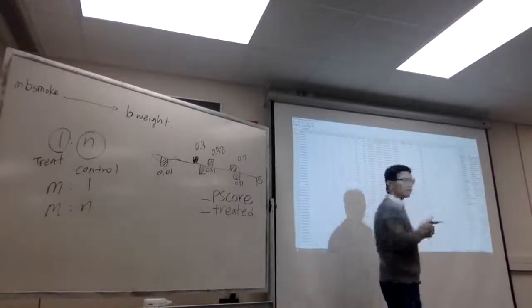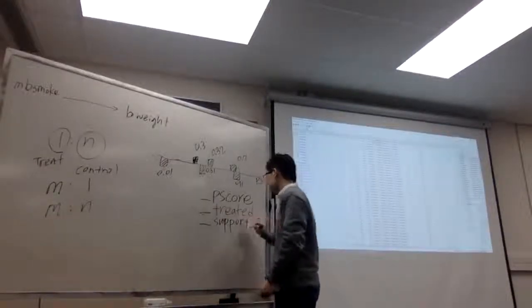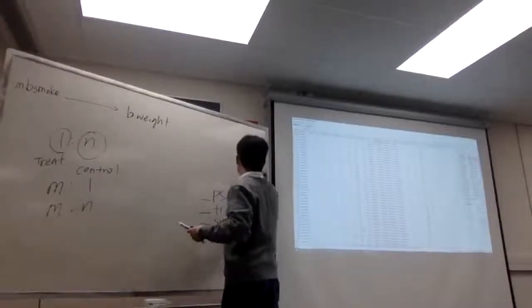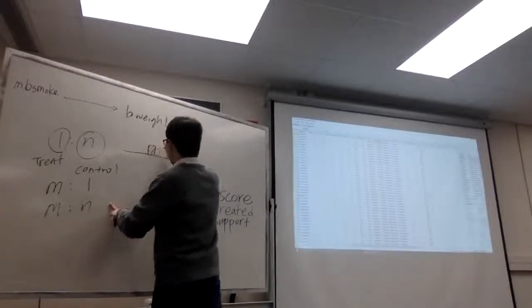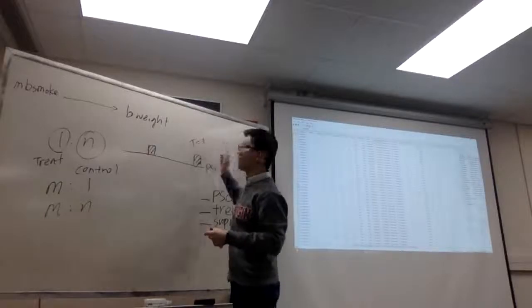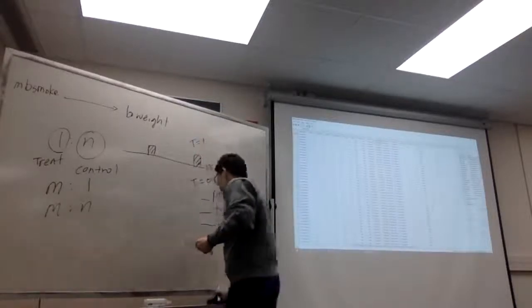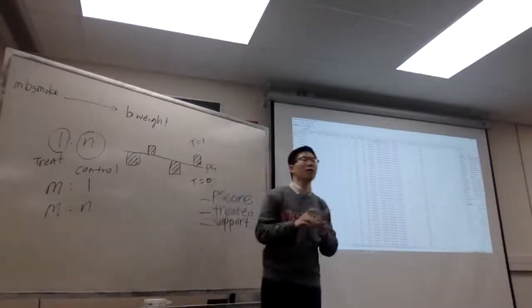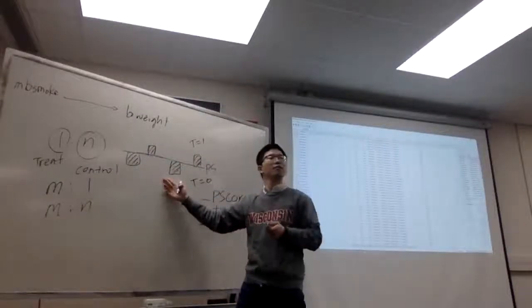And on support means that there is this maximum value and minimum value of the propensity score for the treatment group, and there is this minimum value and maximum value for the control group.